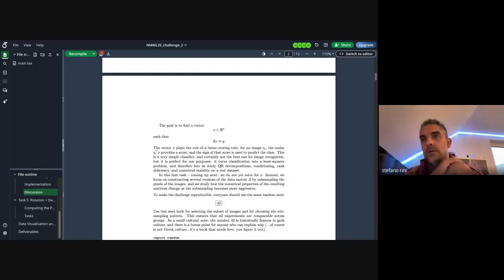So this scoring function x that you have learned from this data set will help you do classification for a set of images. This is a very simple classifier.